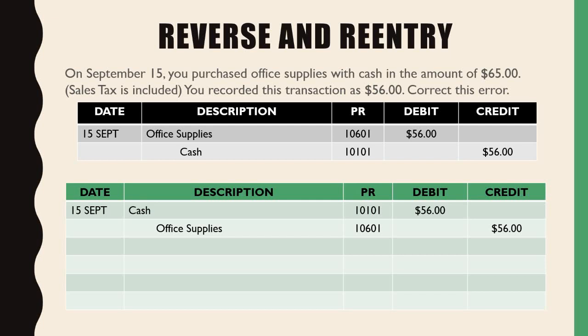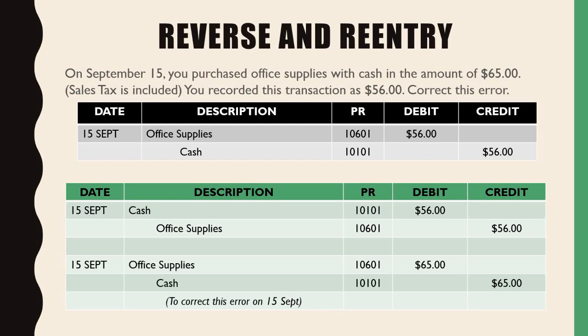Now, what I'm going to do is go back to that same store, go back in line and repurchase it by adding my second journal, which is going to be putting in the correct journal with the correct amount. So that's called the reverse and re-entry. I returned the supplies and then I bought them back for the correct amount.